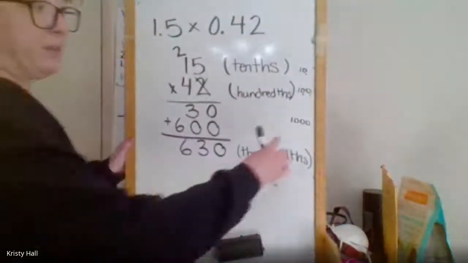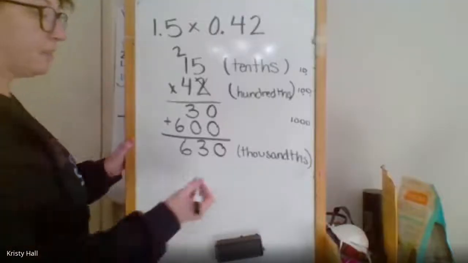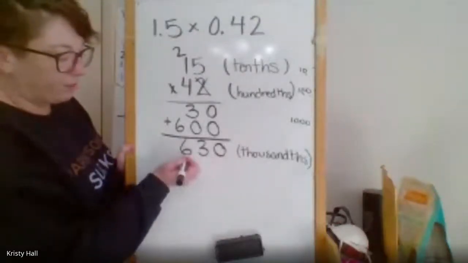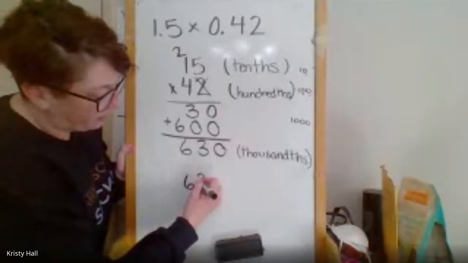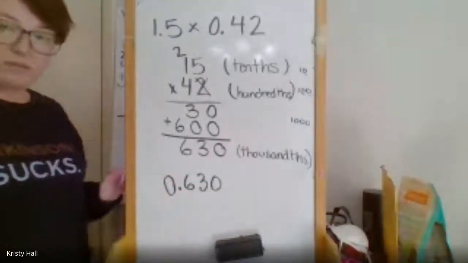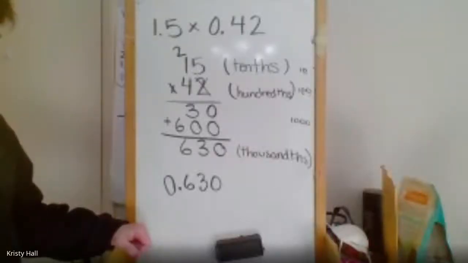Also think of how many zeros there are in 1,000. 3. So that means I need 3 digits after the decimal. So 1, 2, 3. The decimal point is going to go before the 6. So I have 630 thousandths. Any questions?